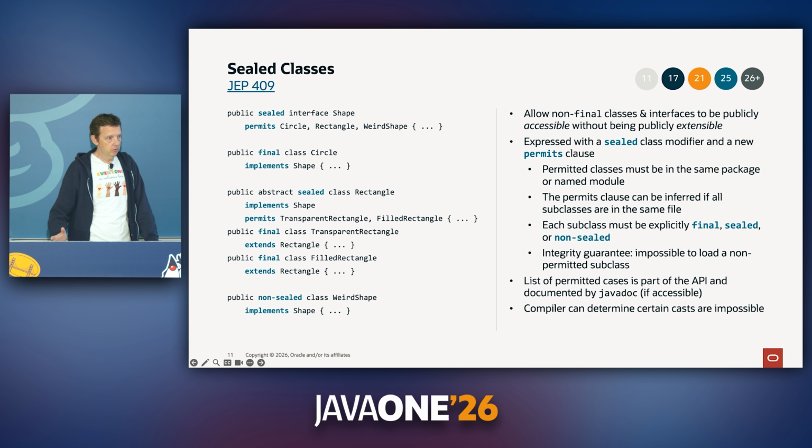Sealed classes let you create hierarchies that are restricted to a specific set of subclasses. This is important as an integrity thing. It's also important for modeling data because it communicates to users of your class, these are the three kinds of things that you'll encounter.